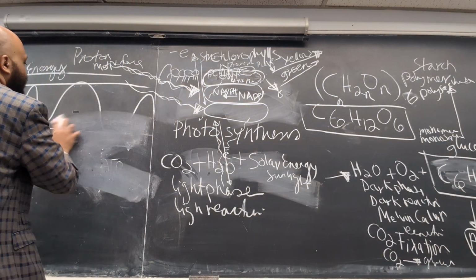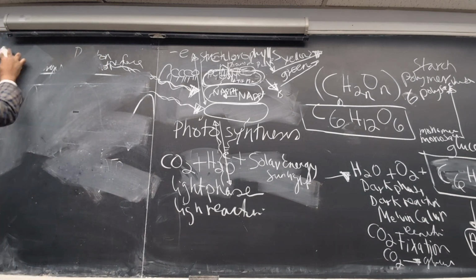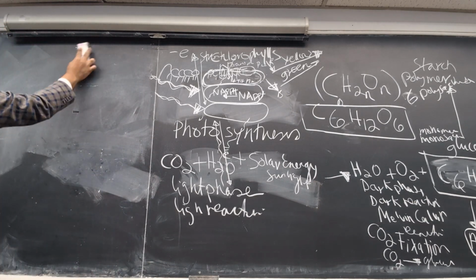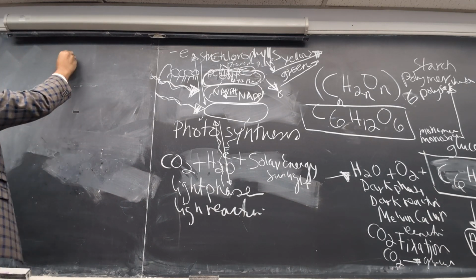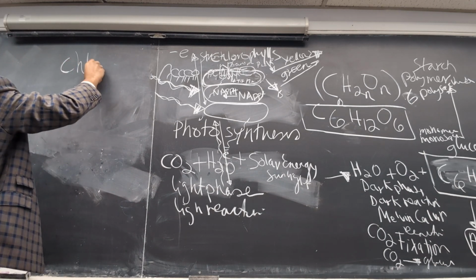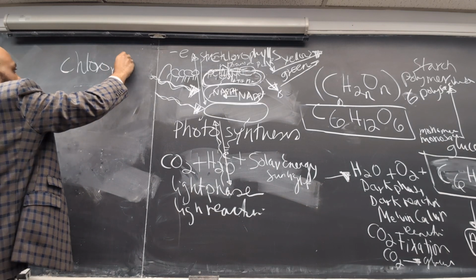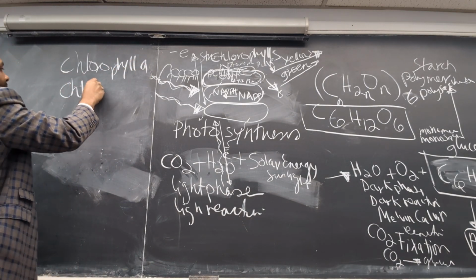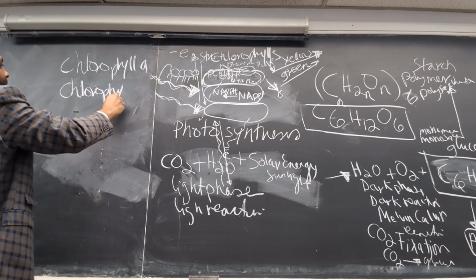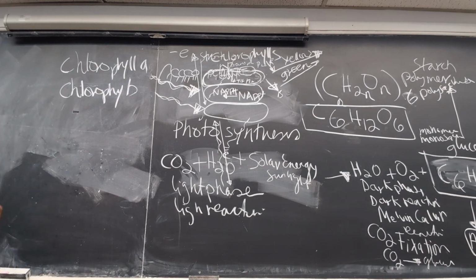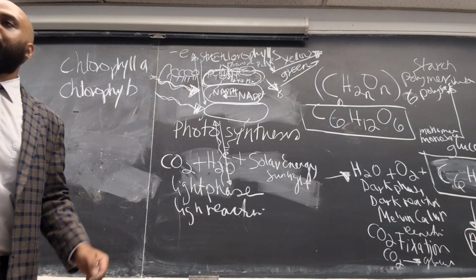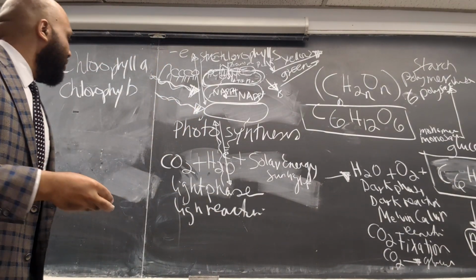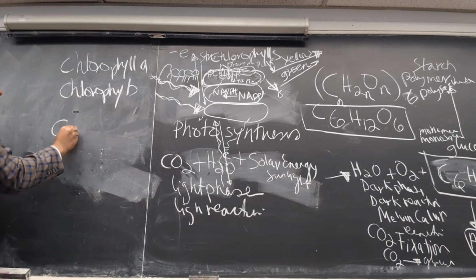The original chlorophyll pigments are chlorophyll A and chlorophyll B. These are the ones that majorly absorb a particular wavelength. But there are also carotenes.